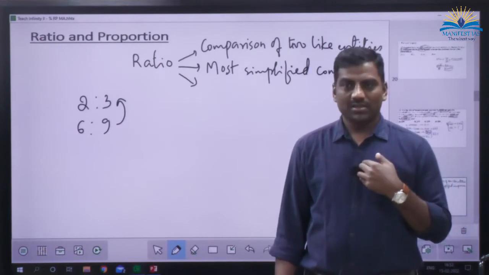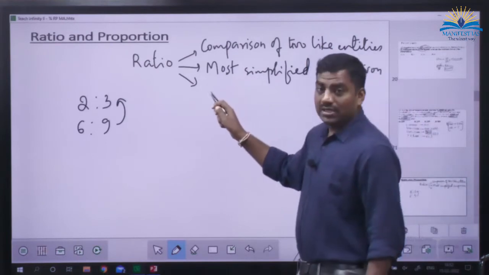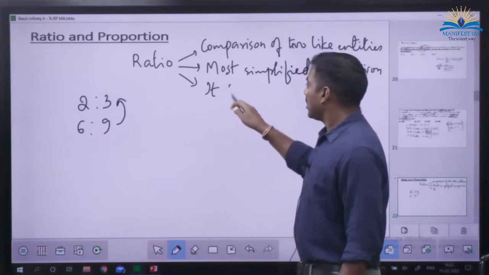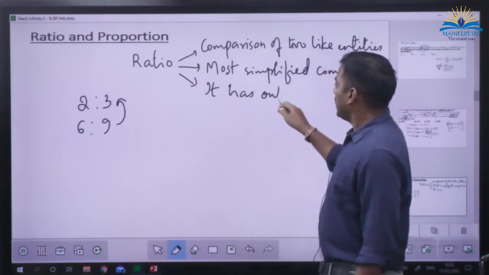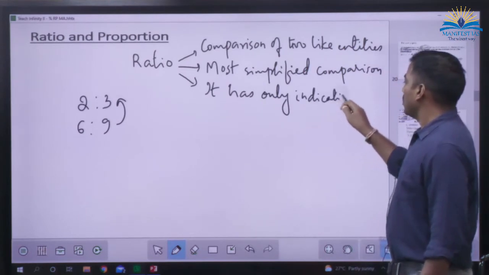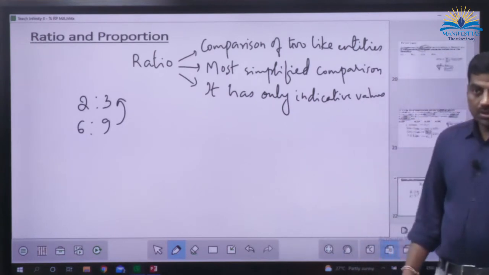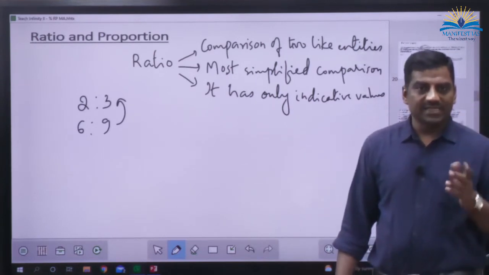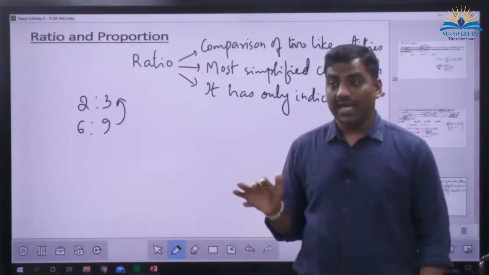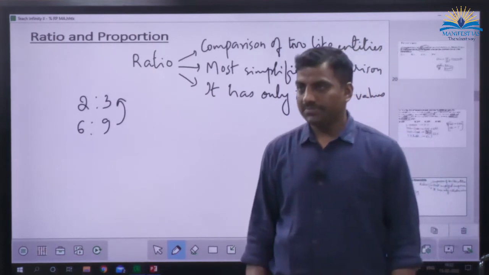That is not the case. Whatever values we are getting here are nothing but indicative values. They are not the final ones. If it is 2:3, it doesn't mean that my salary is 2 rupees and her salary is 3 rupees.